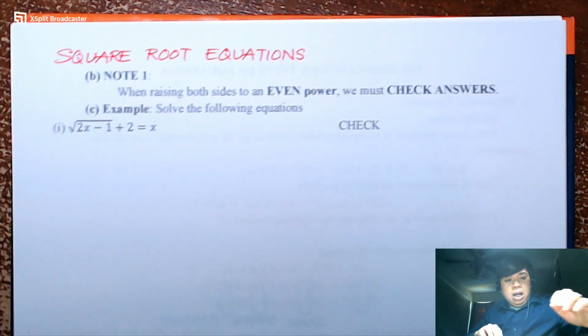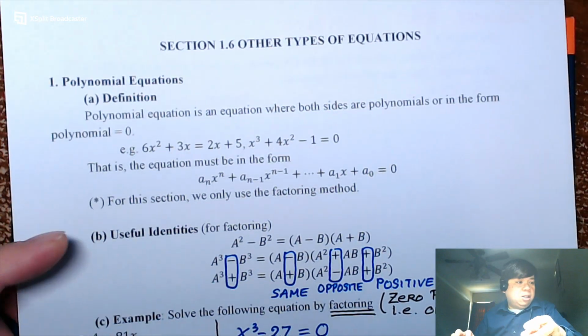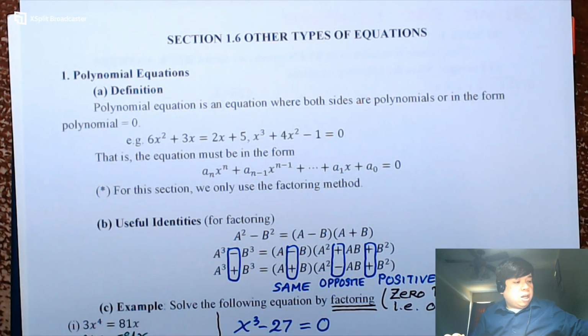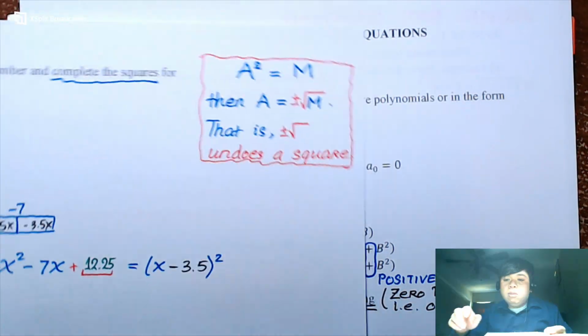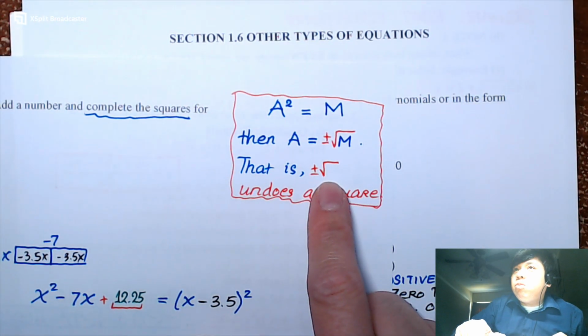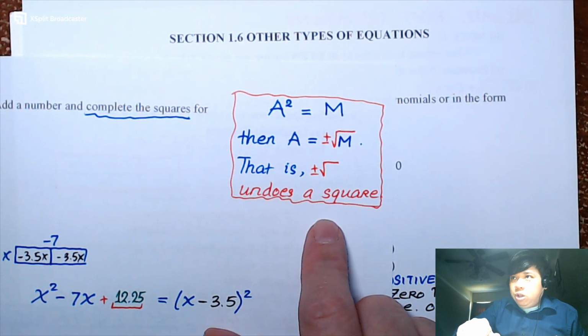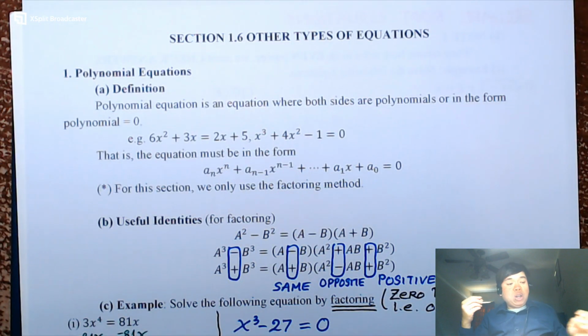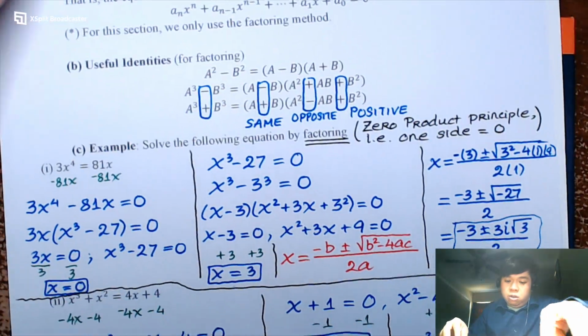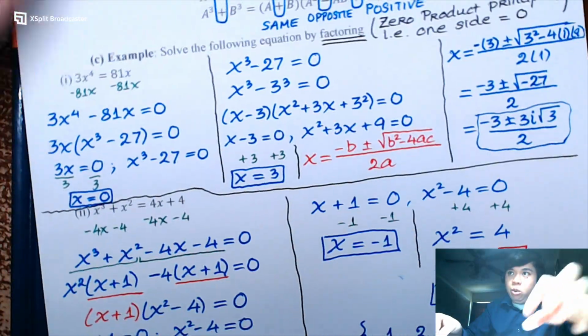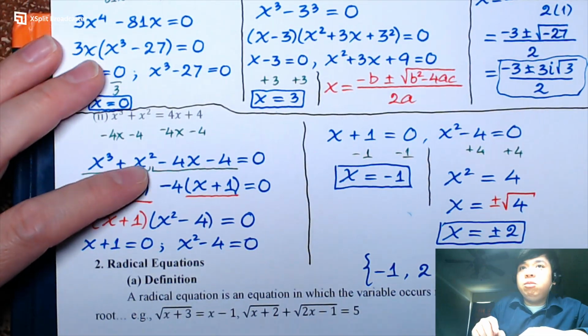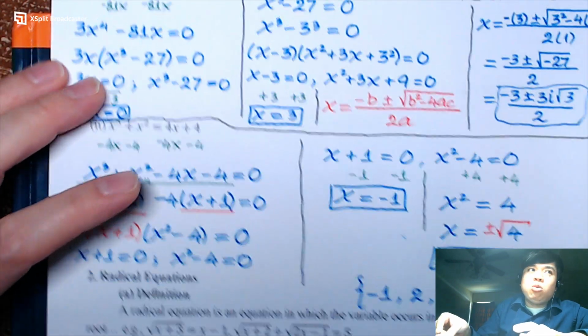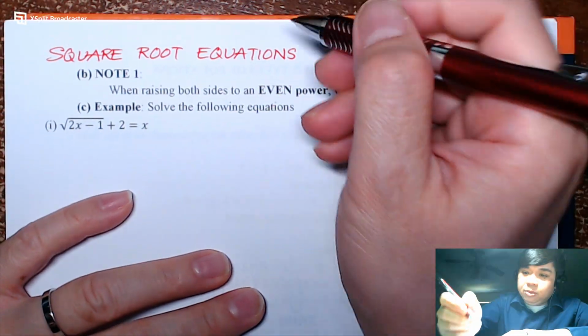So let's review. What did we have earlier? We say that a plus or minus square root we undo with square. At the same time, if we want to undo the square root, square both sides to undo the square root. So that is the rule. So we did say it, plus or minus square root undoes the square. Now square root equation, I'll write this.